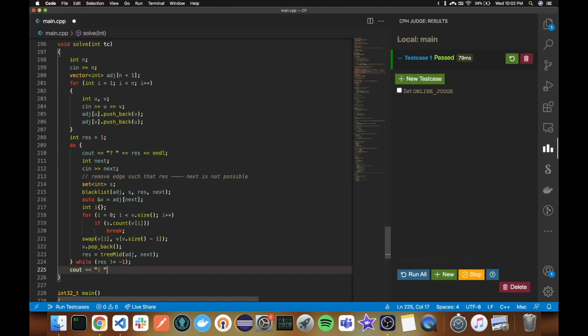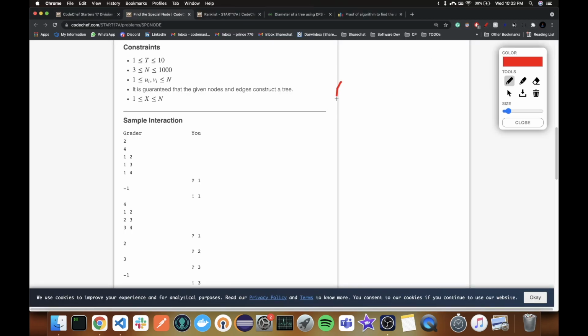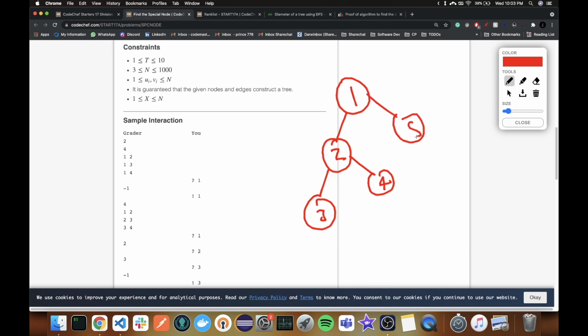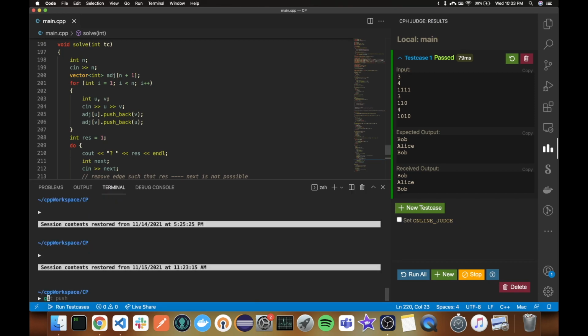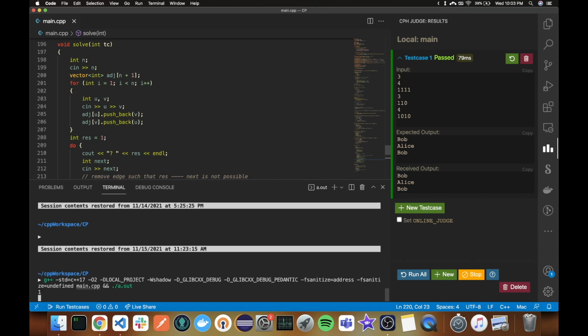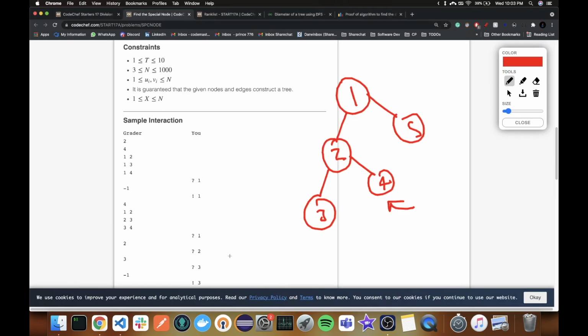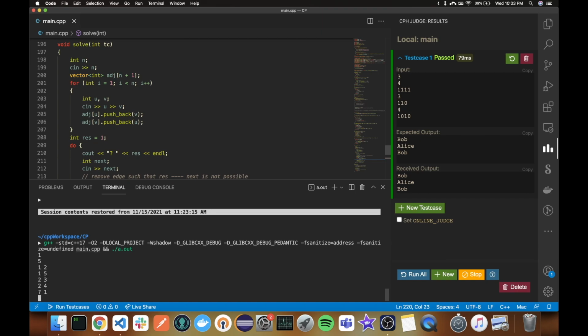So result, let's draw 1, 2, 3, 4 and 5, and let's say this is the solution. I mean that is the answer. Okay, 1 5, 1 to 2, 1 to 5, 2 to 3, 2 to 4.